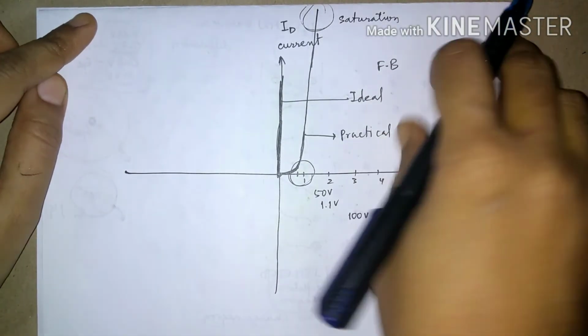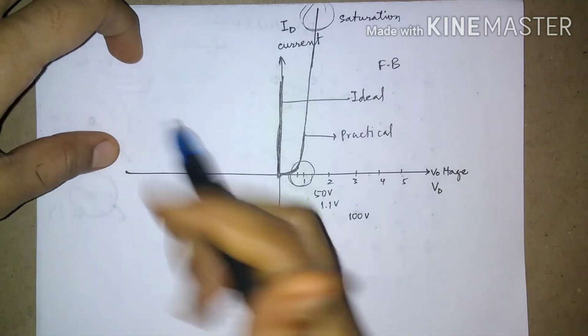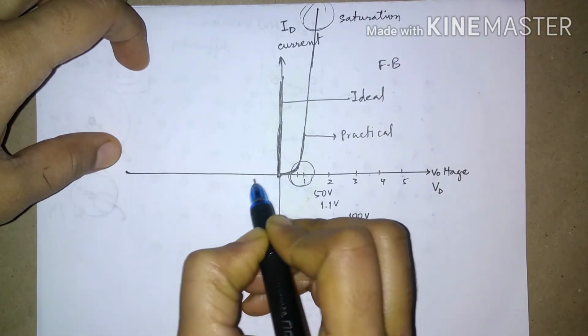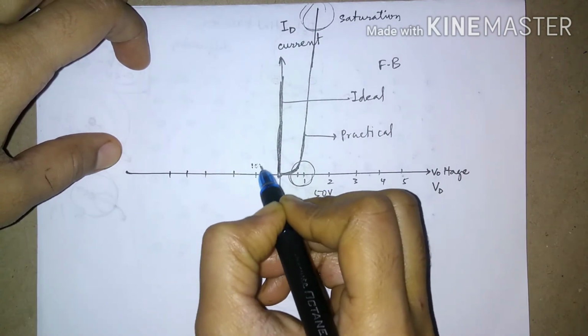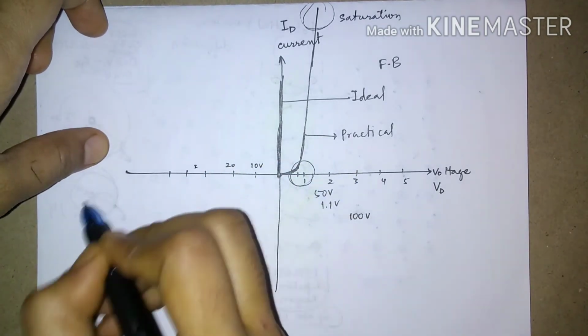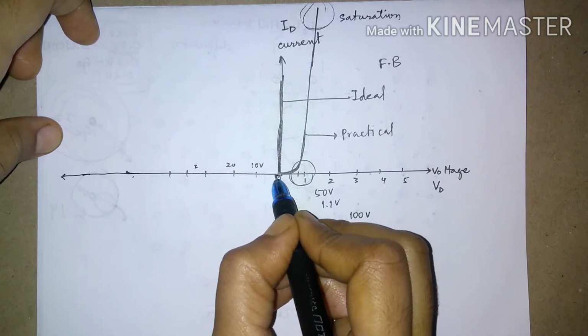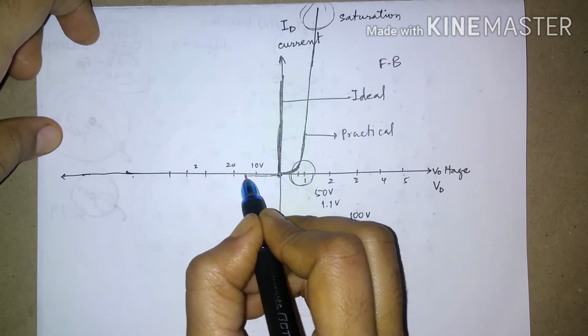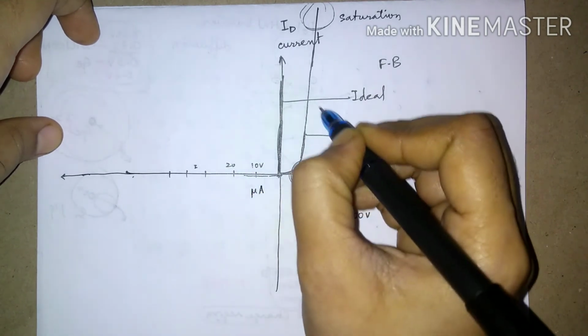If we try to understand a few points, so here as I apply volts, let's say 10 volts, 20 volts, 30, 25, something like that, as it goes on, is there any current flow? Minority current is very less, which is in the order of microamperes.